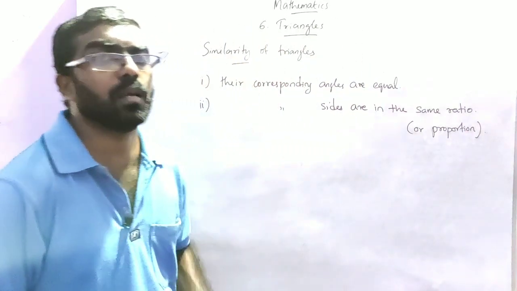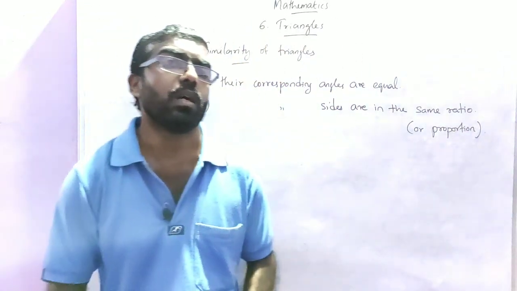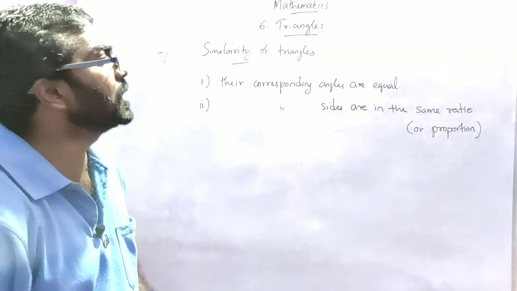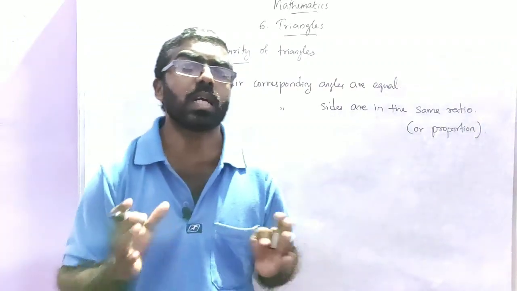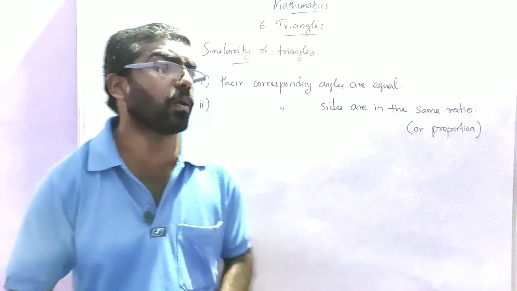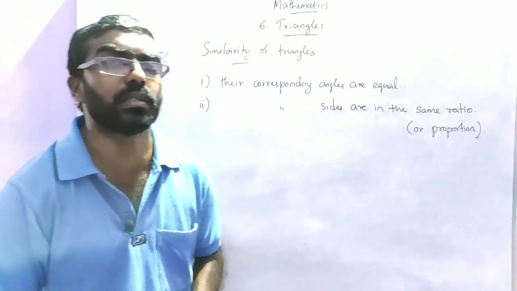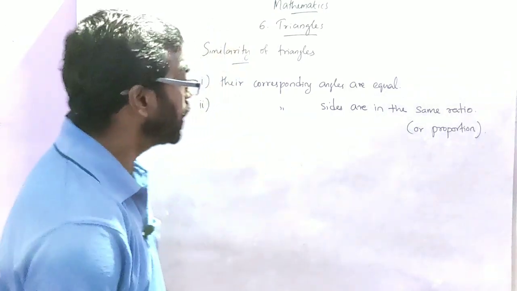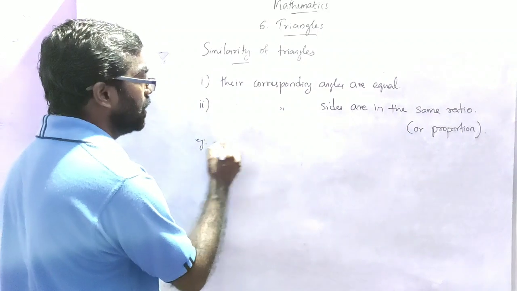So the definition is the same as in the case of polygons. Two triangles are said to be similar if their corresponding angles are equal and the corresponding sides are in the same ratio. Let us consider an example.